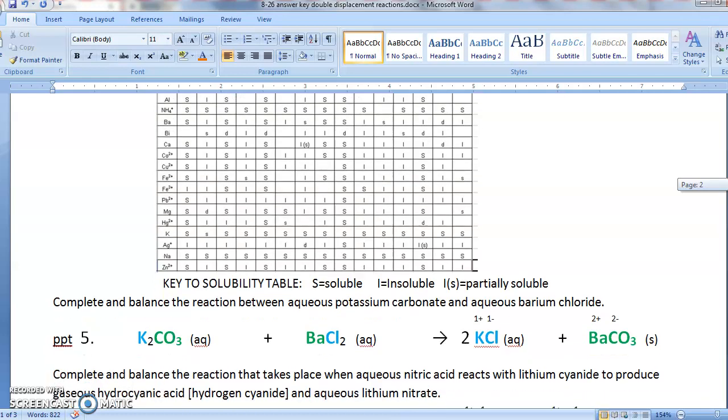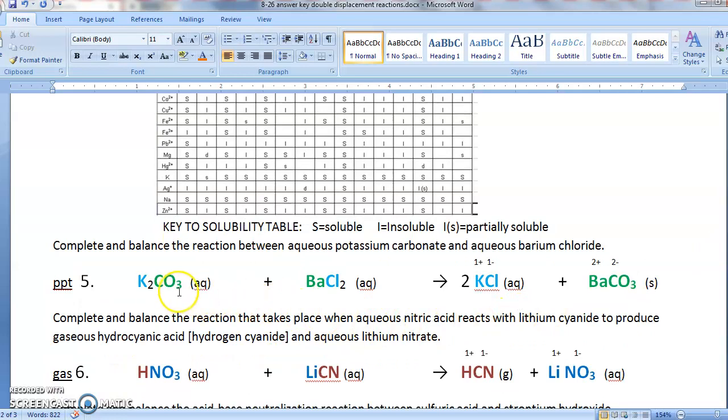On this next page, we have potassium carbonate, aqueous, reacting with barium chloride, aqueous solution. Remember, the first thing here is going to bump into the second thing here. So the potassium ions bump into the chloride ions when we pour these two solutions together.